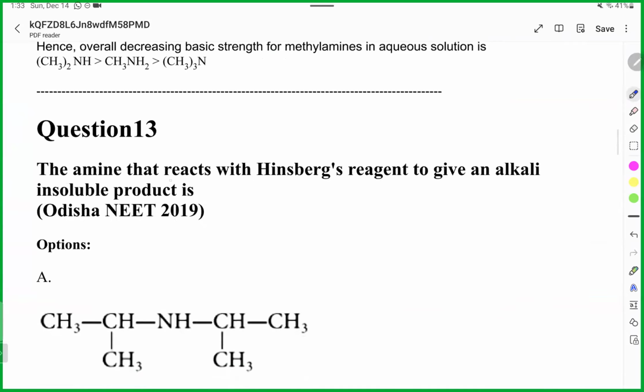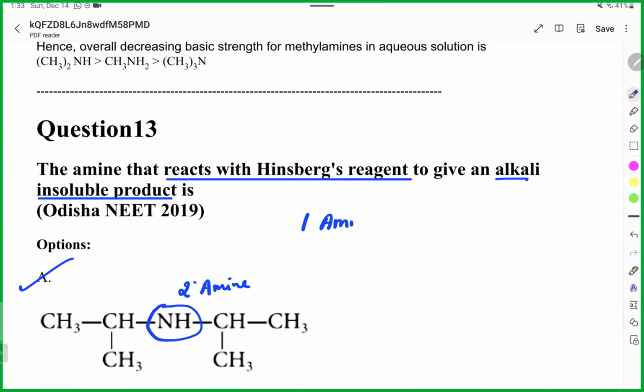Which amine reacts with the Hinsberg reagent and gives an alkali insoluble product? Anvita, first. Correct. Because primary amines are soluble in alkali, secondary amines are insoluble in alkali, and tertiary do not react.